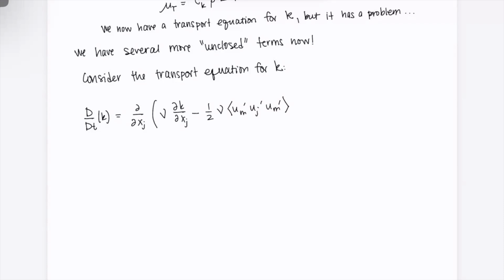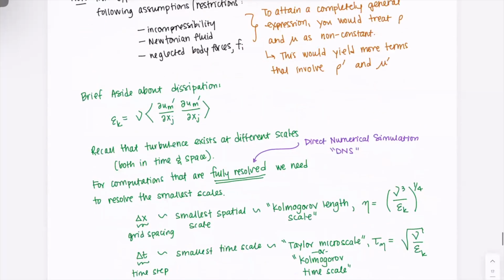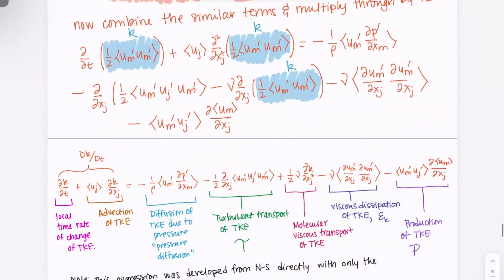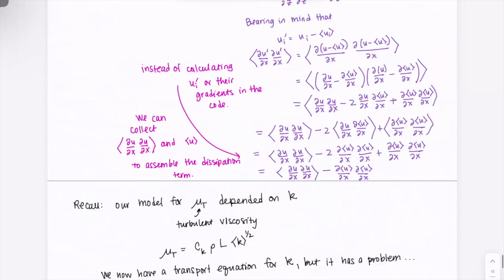All right, so we have that triple one, and then we also have the mean of P prime u_m prime.